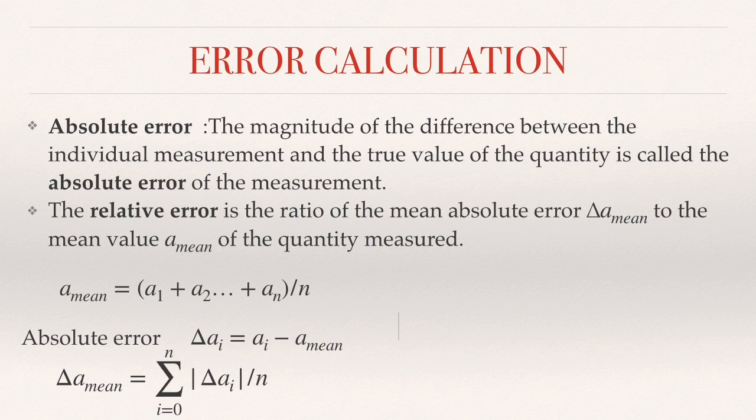Similarly, delta A mean is the summation of all the absolute errors. When we talk about relative error, just take the delta mean divided by the mean value of the measurement. That's how we calculate the absolute error and relative error.